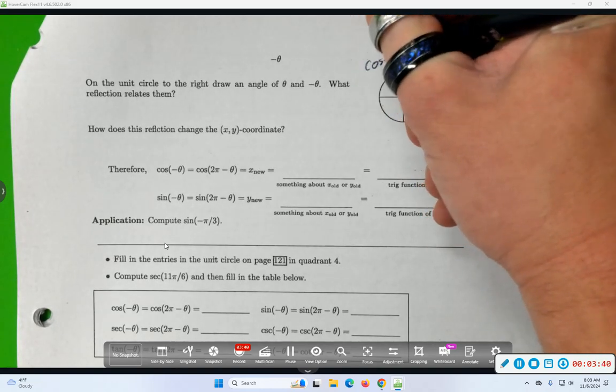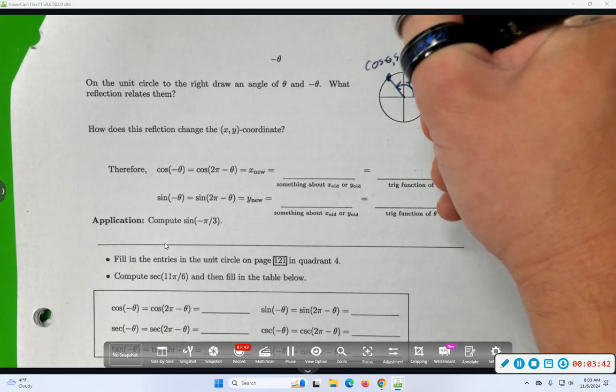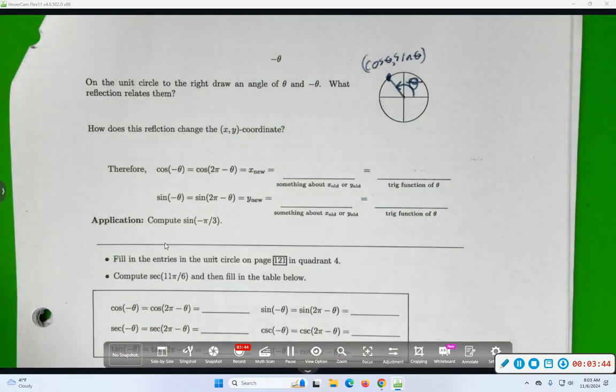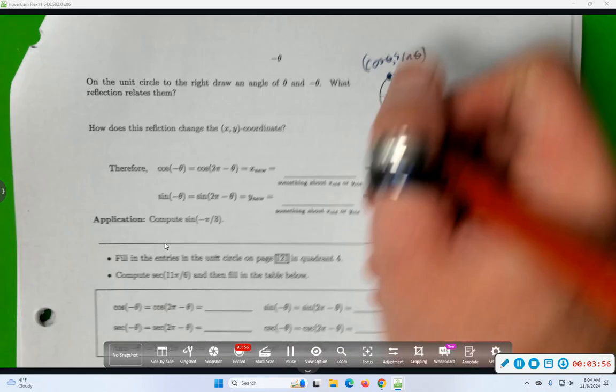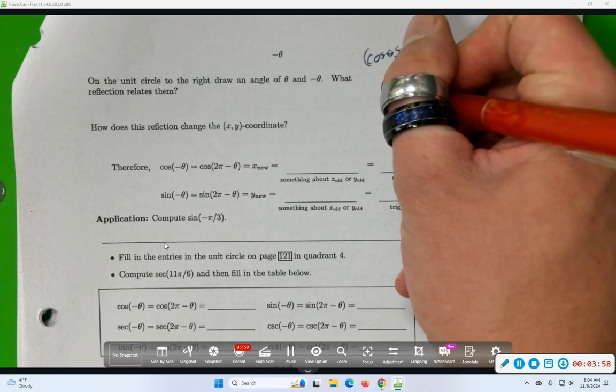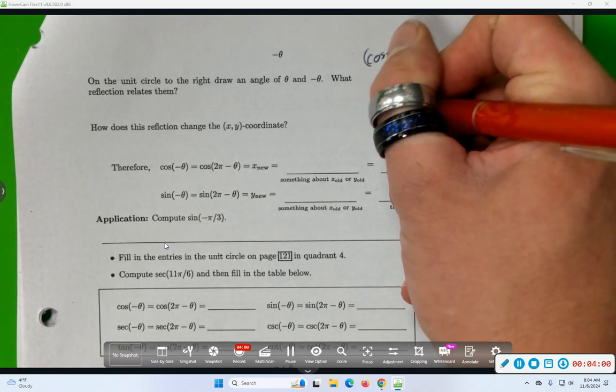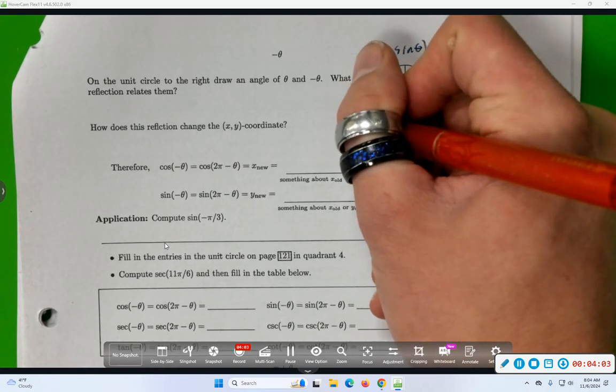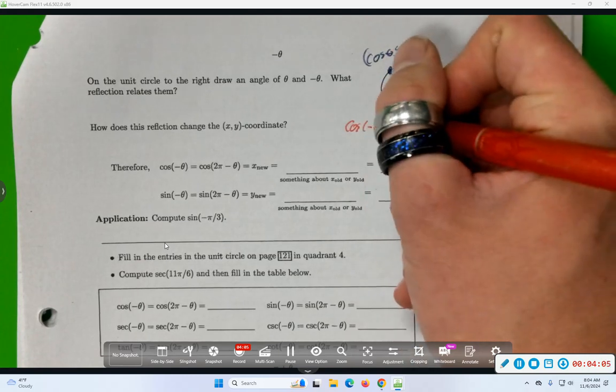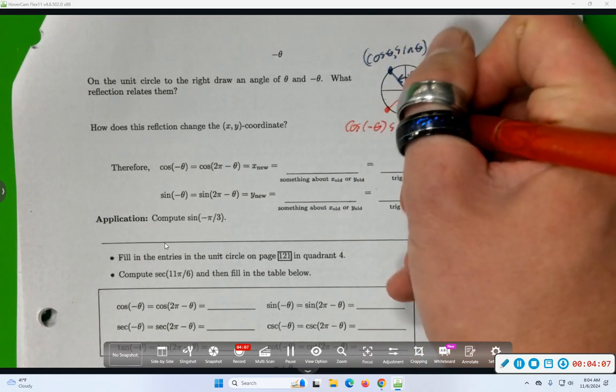There's a point cosine theta, sine theta. What does it mean to rotate by negative theta? Go clockwise. Yeah, you just rotate the same amount the opposite direction. Cosine of negative theta, sine of negative theta.